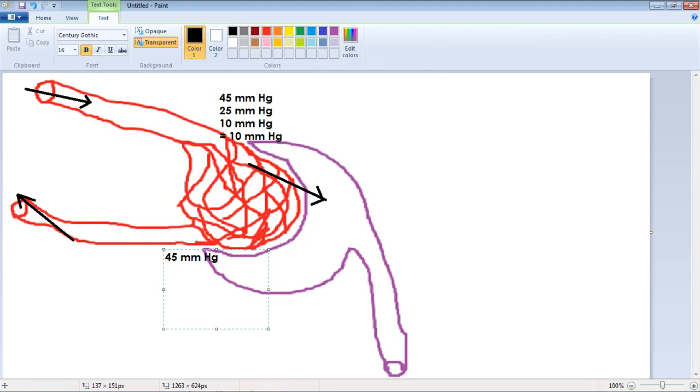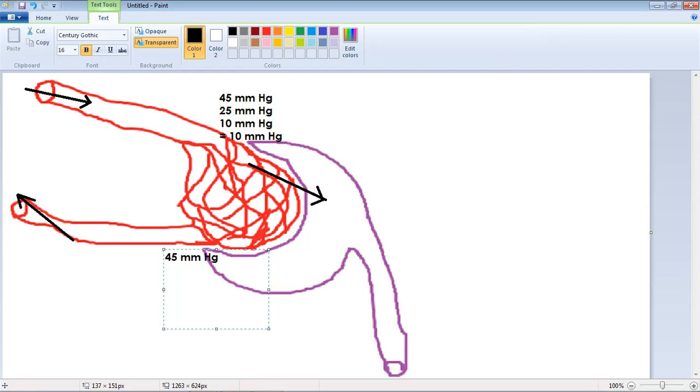You see, the glomerular capillary starts from an arteriole and ends up in an arteriole, so there is no pressure drop. In an ordinary capillary, there is a pressure drop in the venular end. But in the glomerular capillary, there is no pressure drop because both ends are arteriolar. So PGC is maintained.